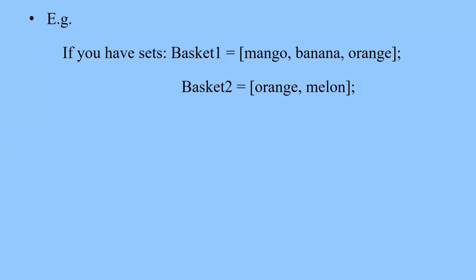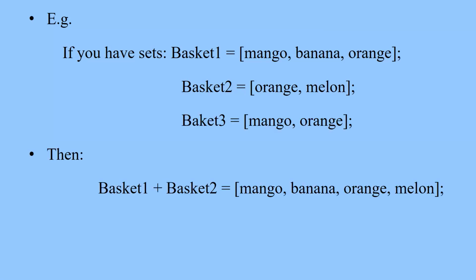So, how do you compare the two? We can see that the members of the set called basket 1 are more than those of basket 2. But those of basket 2 are not more, nor are they equal to those of basket 1.